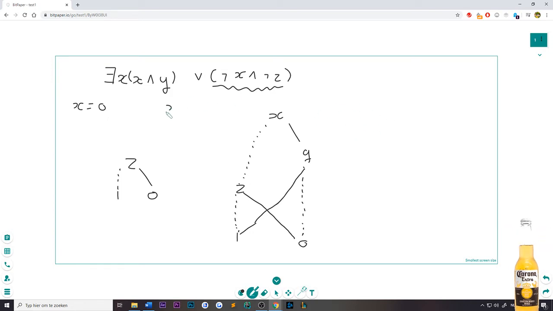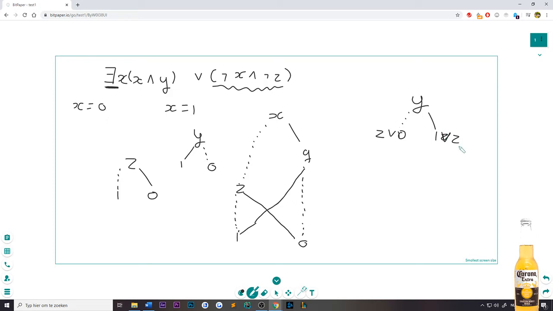If we have x is 1, then we take this one and end up with y, so y is going to go 1 here and 0 here. Since we want to make there exists, we need to take the OR of these two. The ordering is y to z. So remember the rules: you go to the children of y, which is 0 and 1, and you take these OR with c.